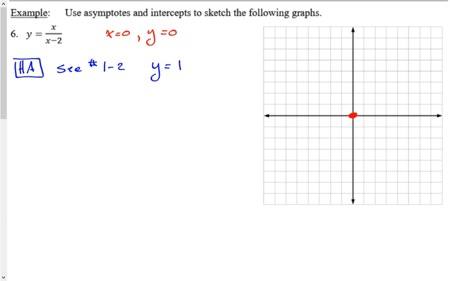But I'm going to get a little bit more information. Sometimes we can get this information, sometimes we can't tell. But I'll sketch my horizontal asymptote there. And the information I'm going to explore is at my left and right end, as I approach this asymptote, can I tell if it's coming down from above or coming up from below? Because that will help me be more accurate in the sketch of my graph.